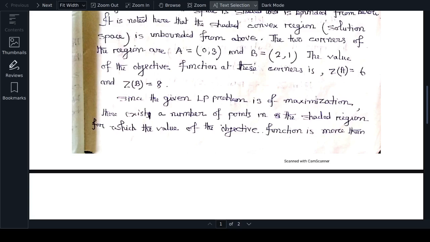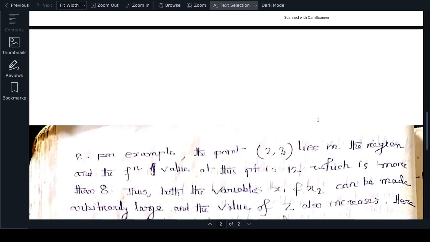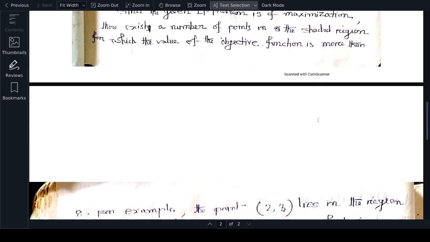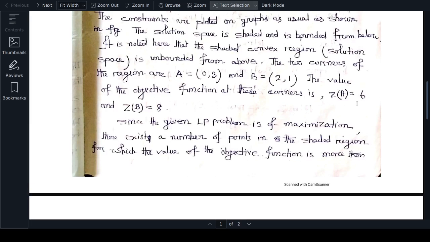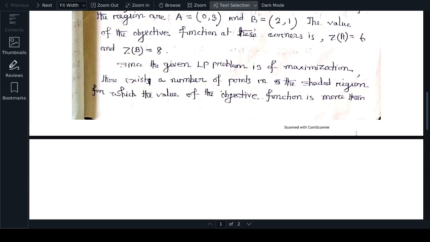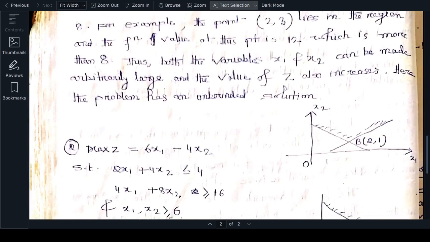Clear? And the next one will be 1, 0. So 1, 0 lies on which axis? Yes, x1 axis. Good. And 0, minus 1 lies on the y axis, meaning the x2 axis.